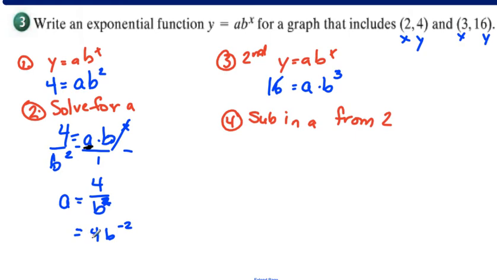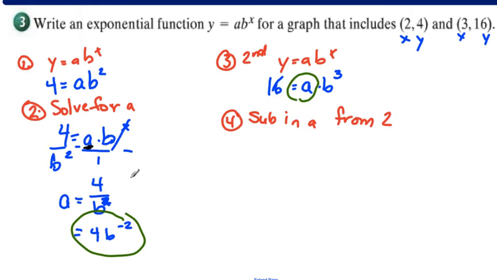So we're going to take this value for a, 4b to the negative 2, and put it in here. Now, you could have also put it in as 4 over b squared. Either way it works. It does not affect things. It just depends on how you like multiplying your exponents.